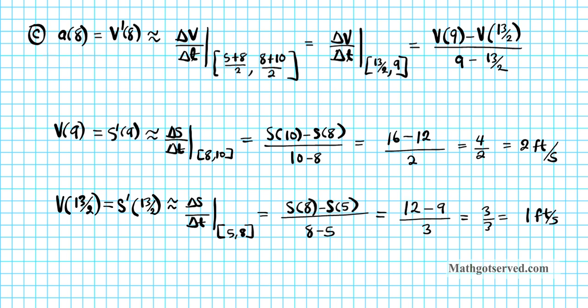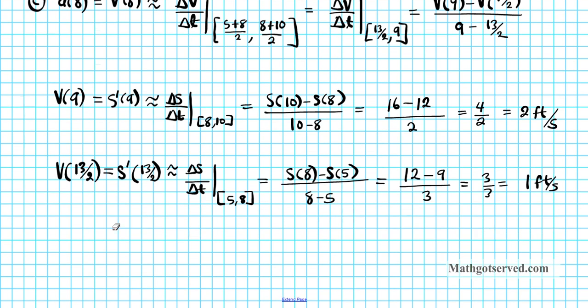All right, now we have all the information that we need to calculate our approximate instantaneous acceleration. So let's rewrite what we had upstairs. So a of 8 is approximately v of 9 minus v of 13 over 2, divided by 9 minus 13 over 2.